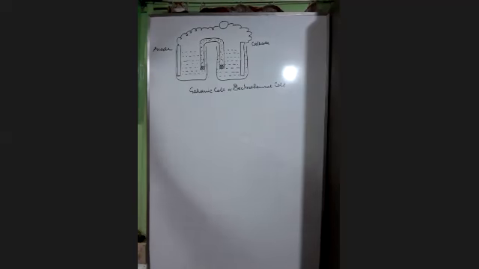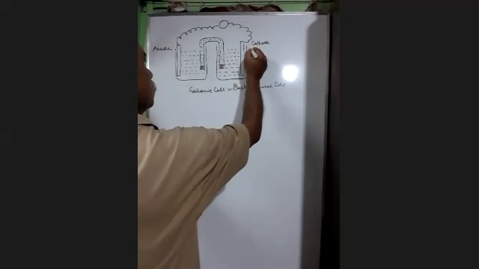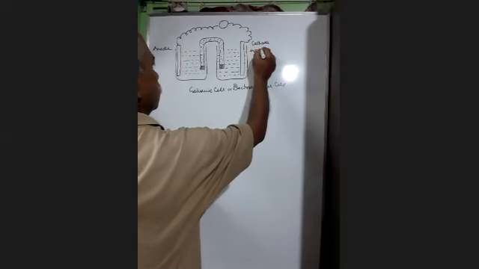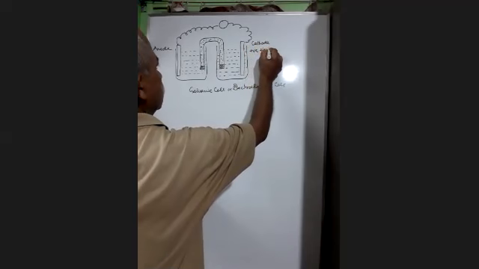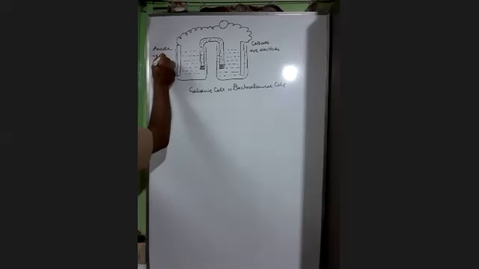But in an electrolytic cell, the cathode is negative and the anode is positive. In an electrochemical cell, the cathode is positive and the anode is negative. I told you that. So this is the positive electrode and this is the negative electrode.